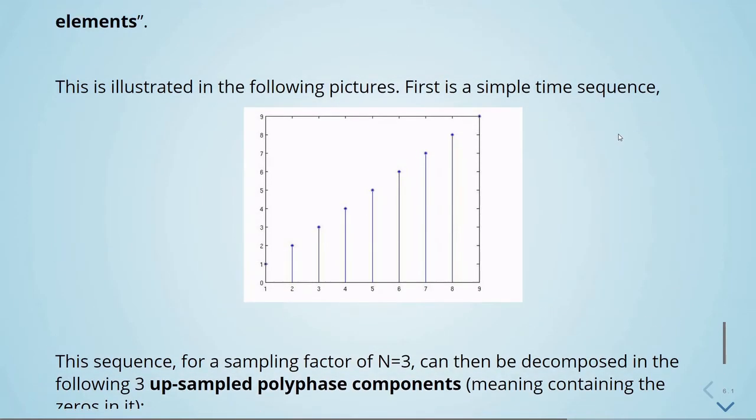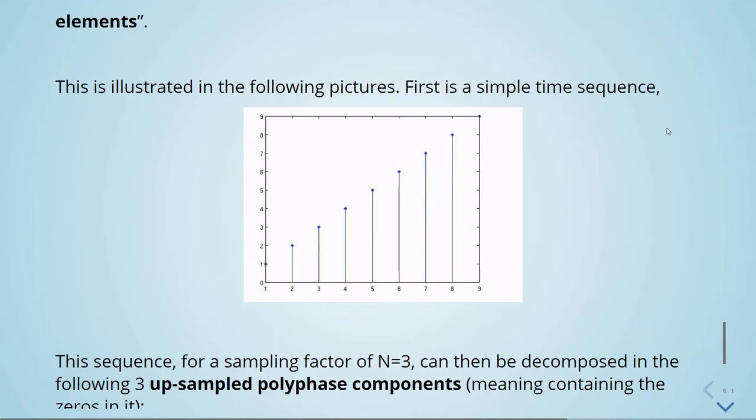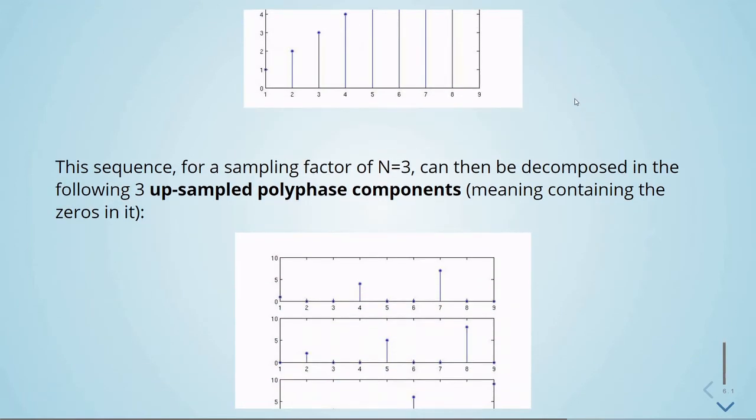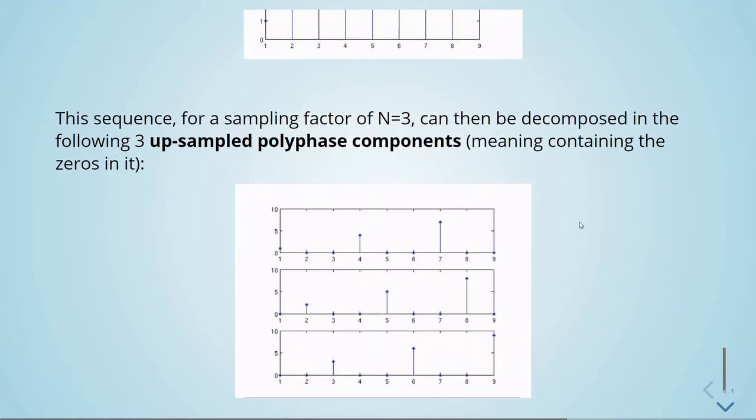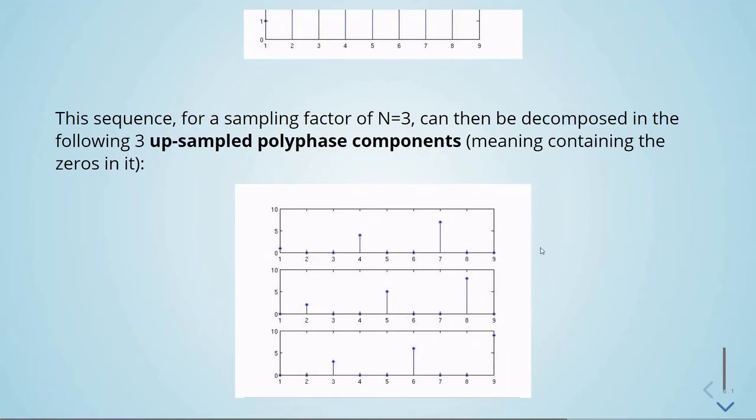This is just an illustration. We see a simple time sequence, and then the sequence for a sampling factor of n equals 3 that will be decomposed into 3 upsampled polyphase components. First we take 1, 4, 7, with zeros in between. Then we have 2, 5, and 8, and we also have these 2 zeros.